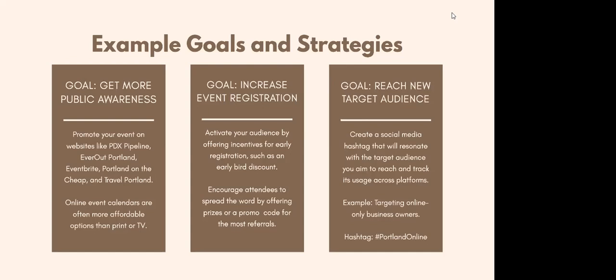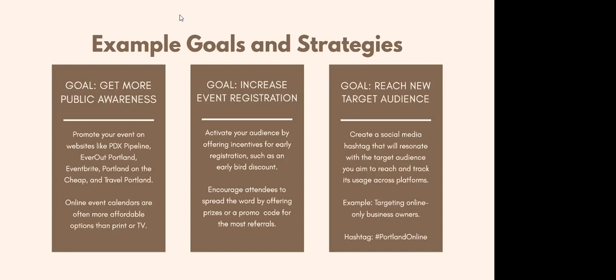Similarly, you could encourage attendees who have already registered to spread the word by offering prizes or promo codes for the most referrals. So think through how you can use activations to get more registration. This is a different goal than just driving attendance, so it involves a different approach.